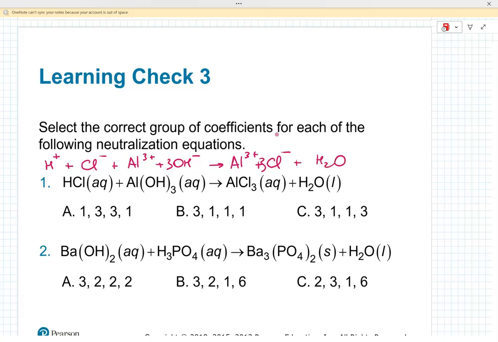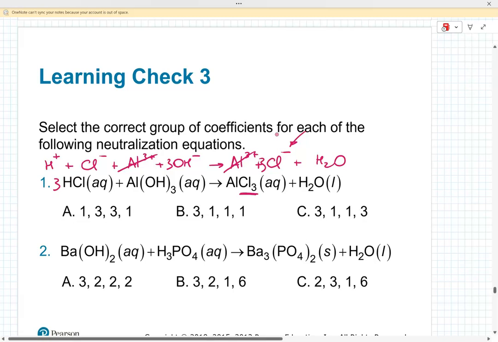Now, we can cancel aluminum. That doesn't bring us closer to balancing that reaction. Okay? So what should we do to get to 3 chloride anions on the right?